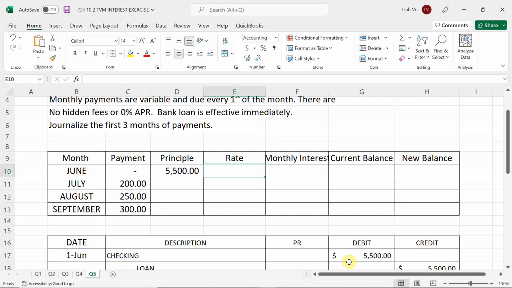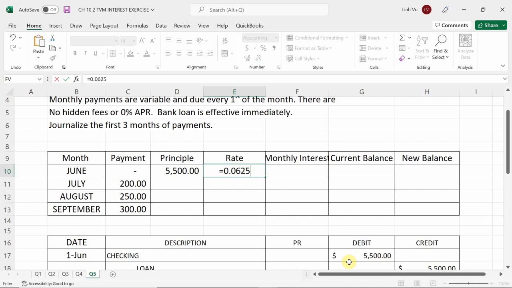It's at 6.25%, right? But in this case, if I'm going to be compounded every single month, how much is my rate going to be? So remember, your rate is an annual percentage, 6.25% per year. So how do I figure out how much interest I'd be charging for just the month? Divided by 12.